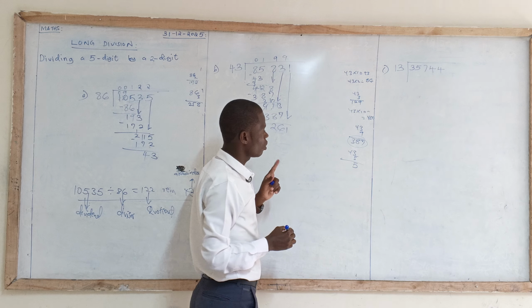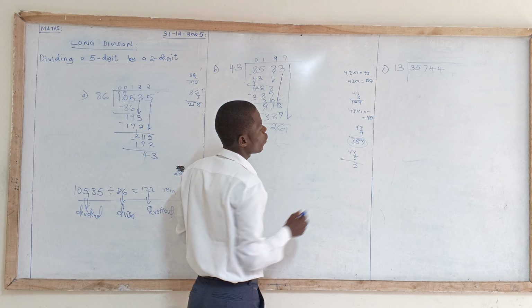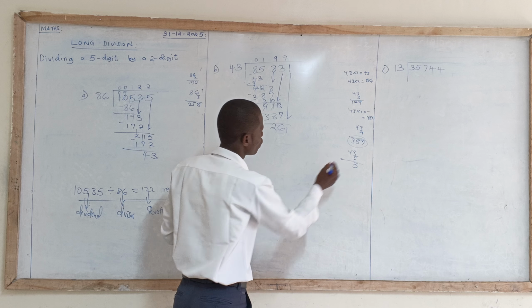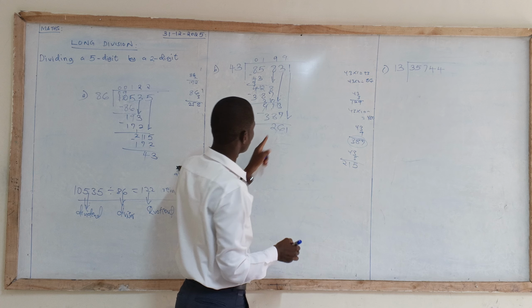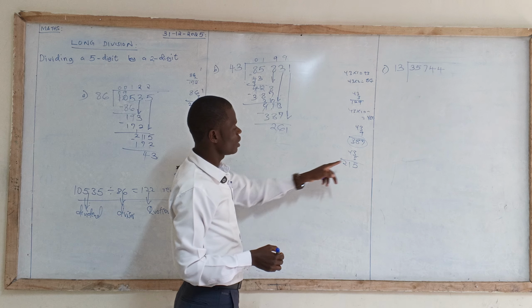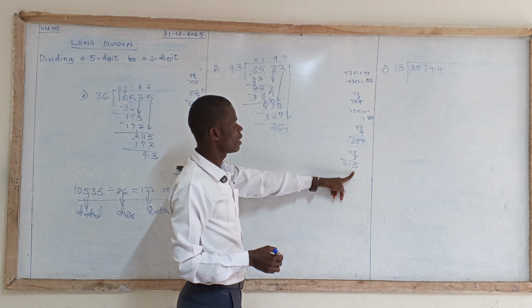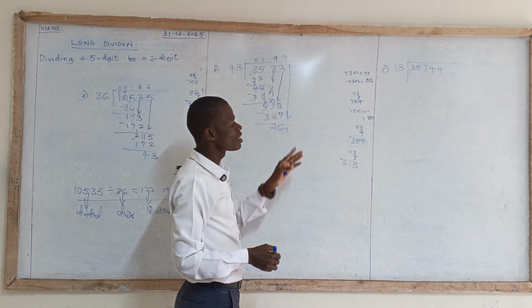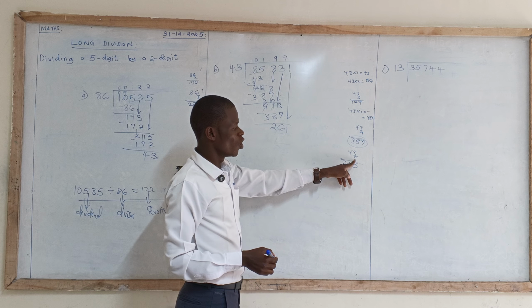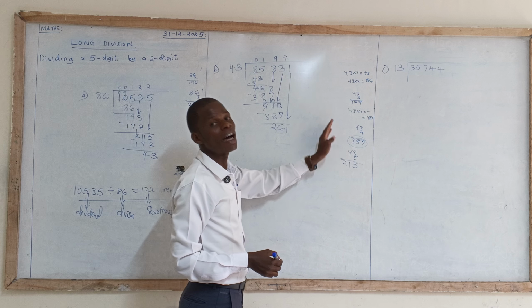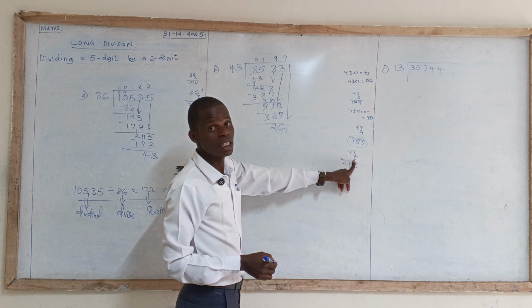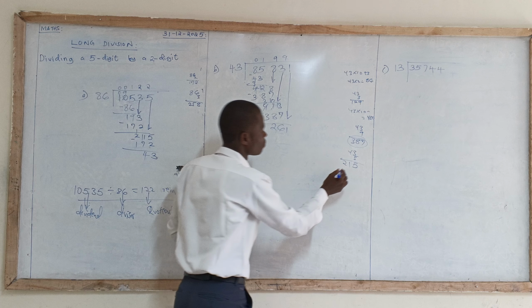Right, write 5, carry 1. 5 times 4, what do you have? 20. Plus 1, 21. So 215. But you have 261. Since 215 is very far from 261, let us move to a bigger number, a number bigger than 5, which is 6, correct.